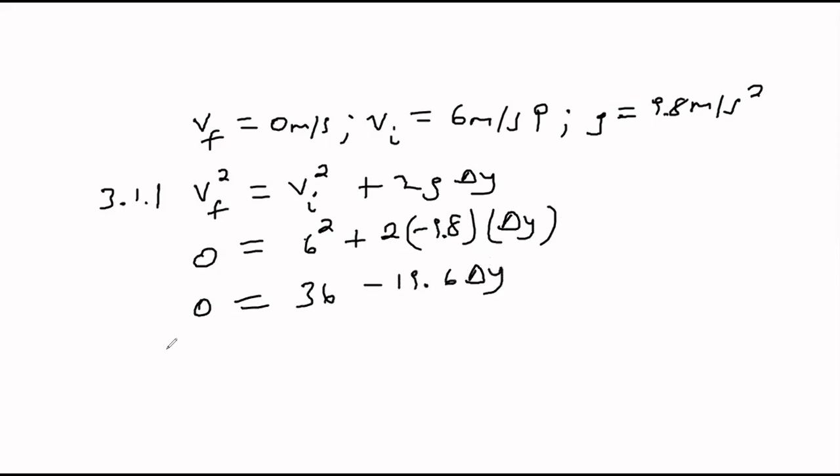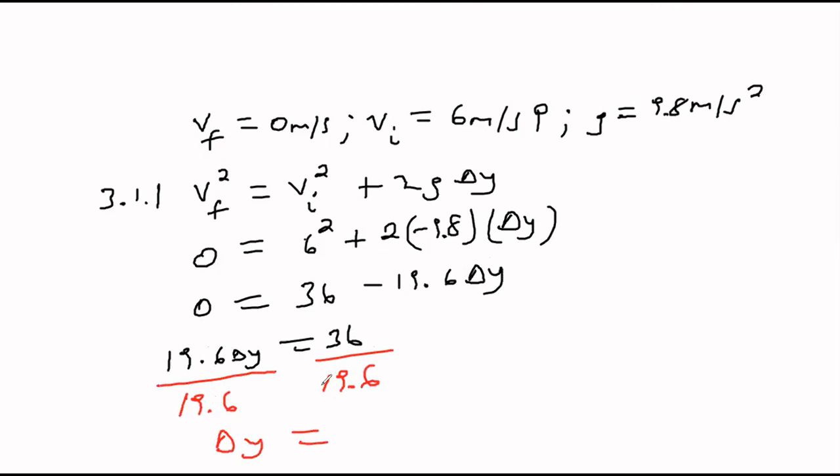We take the negative to the left, it becomes positive. Then we can make delta y the subject of the formula. We divide both sides by 19.6. What is delta y? We divide 36 by 19.6. The answer is 1.84 meters.